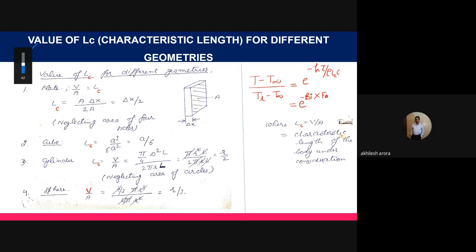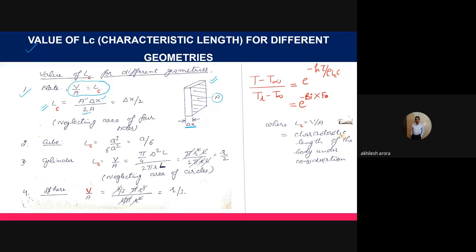Now if we consider a plate, this is the plate which is shown here. Its thickness is delta x, whereas the area of the two walls which are opposite to each other is A. So what will be the volume of this plate? Basically you know that the characteristic length is given by volume by area. So the characteristic length of this plate will be given by the volume, which is area into delta x, divided by 2A. Why 2A?